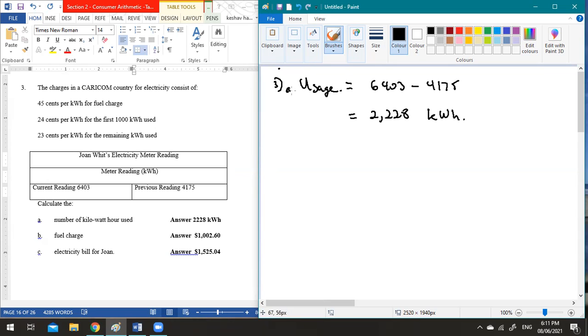Right? So the first thing we did was to find the usage. B, the fuel charge is based on all the usage, so the usage by the rate again.